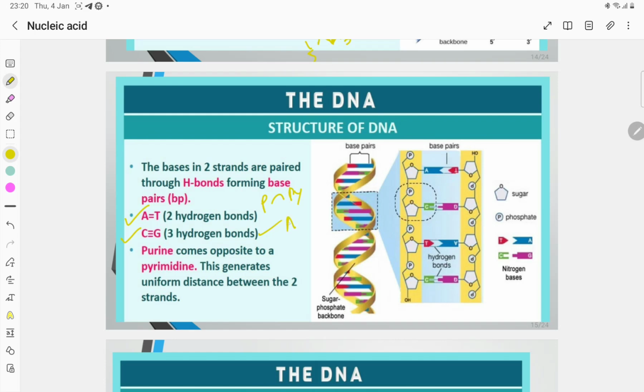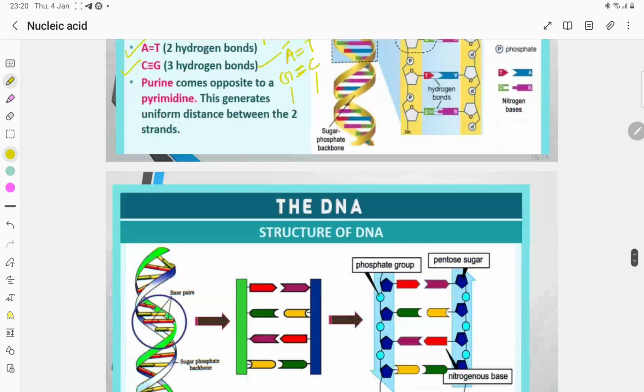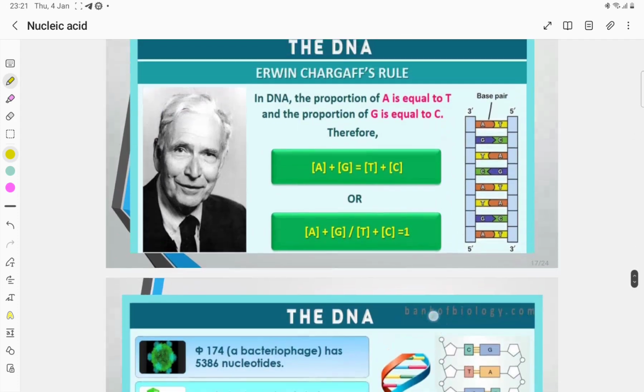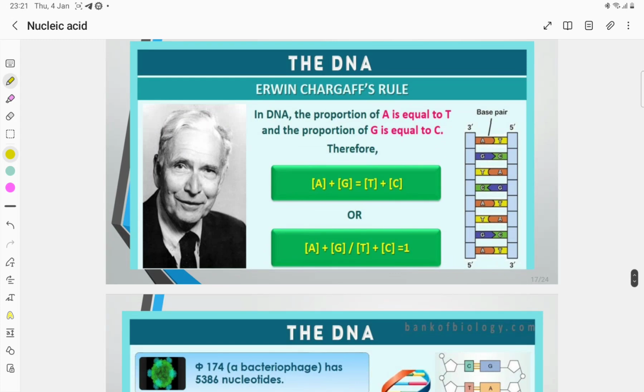That's why adenine always bonds with thymine, and guanine always makes a triple bond with cytosine. Adenine is a purine base and thymine a pyrimidine base; guanine is a purine base and cytosine a pyrimidine base. Another rule was given by Erwin Chargaff. According to him, in DNA the proportion of adenine is equal to thymine, and the proportion of guanine is equal to cytosine.